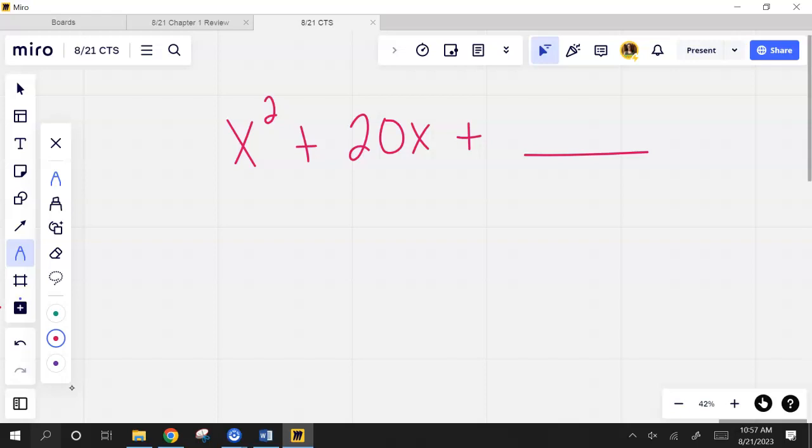What do I need to put in the blank to make this square dance? Or to make it? 10? 10's not a perfect square. 100. Okay, look. How are we doing this?